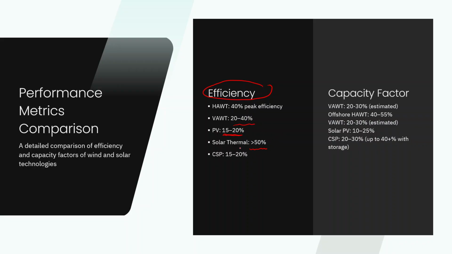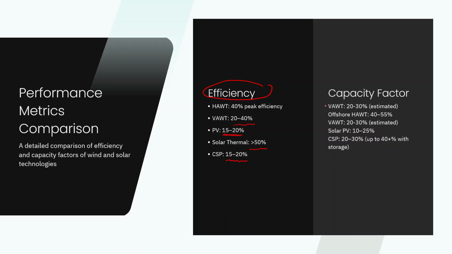Because of that, solar thermal has a higher efficiency, whereas electricity generation using concentrated solar power plants has efficiencies around 15 to 20%, right? And that's how the efficiencies vary in these technologies.